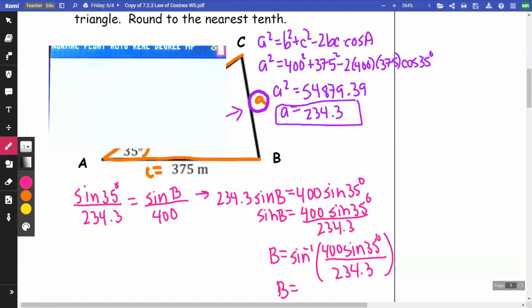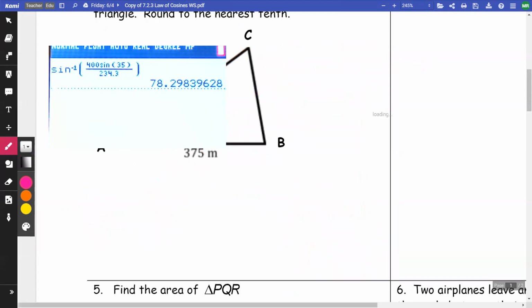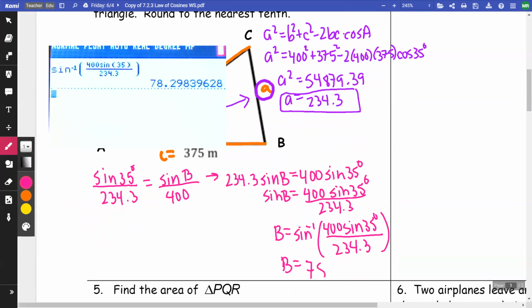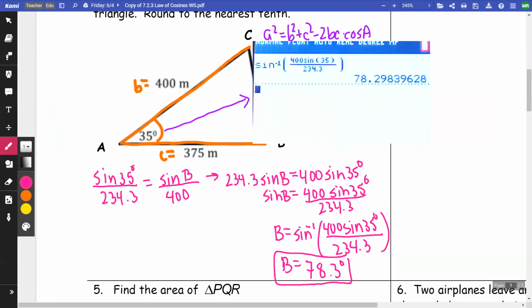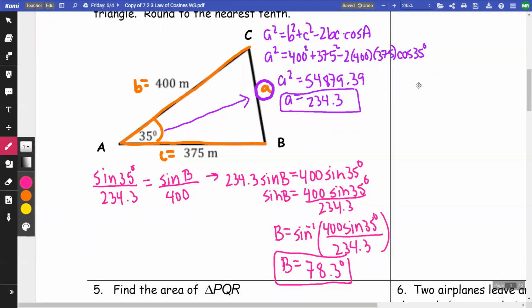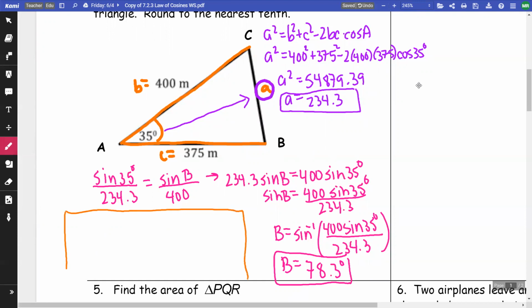And I end up getting 78.3 degrees. So now that I know angle B, and I know my A was 35, I'll do this in orange in this box.